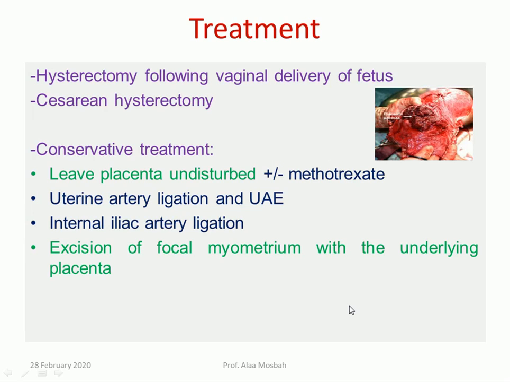If the patient wants to keep the uterus, the condition is not severe, it is grade 1, and the patient has not completed her family, we can try conservative treatment. Either we leave the placenta inside for spontaneous resorption, with or without methotrexate, with uterine artery ligation and uterine artery embolization or internal iliac artery ligation.